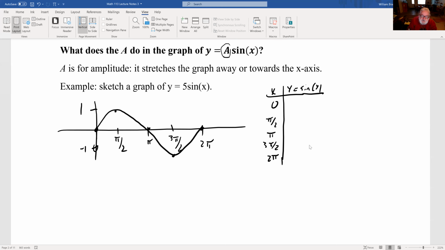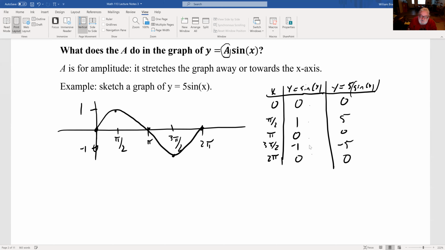What are the y values? 0, positive, 0, negative, 0. So y equals 5 times sine x means take these y values that you calculated by putting your x into sine and multiply them by 5. So 0, 5, 0, -5, 0.